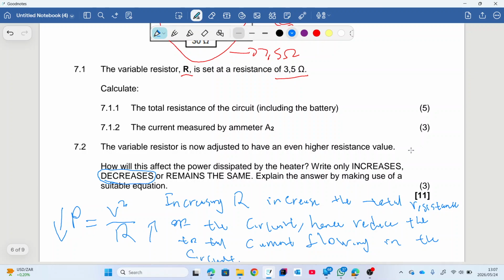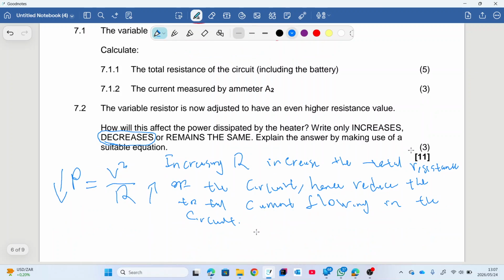So since there will be less current flowing, therefore there will be less power.